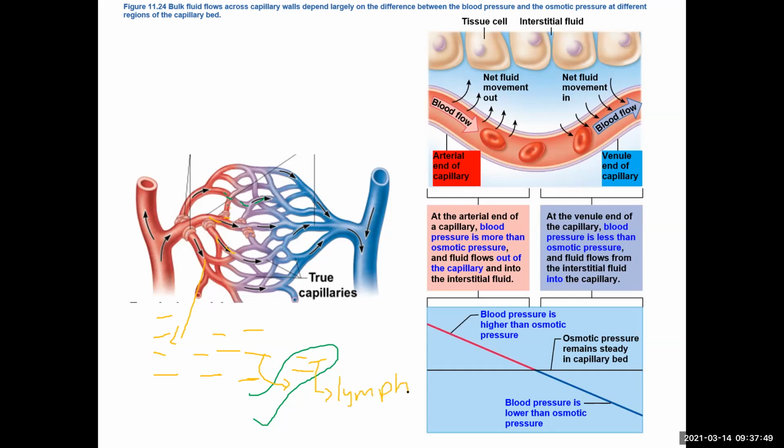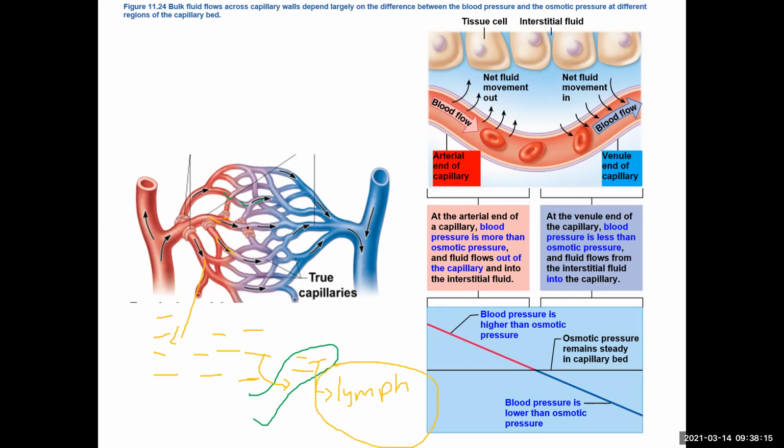Just remember, it's the same fluid, but with different names depending upon the location where it is present. When this fluid is present in the blood, we call it plasma. When it goes out into the interstitial spaces, we call it the interstitial fluid. When the same fluid enters into the lymphatic capillaries, we call it lymph.